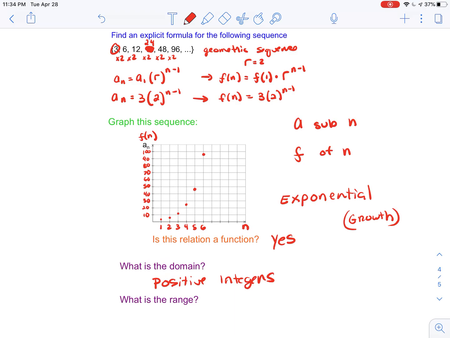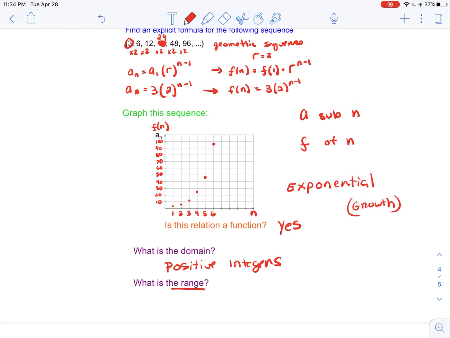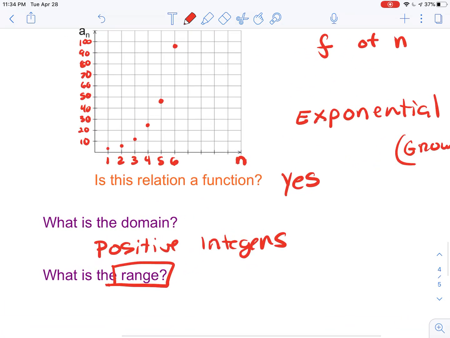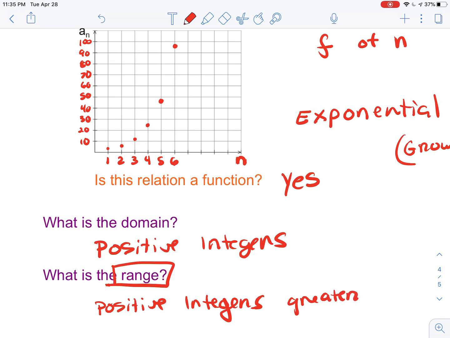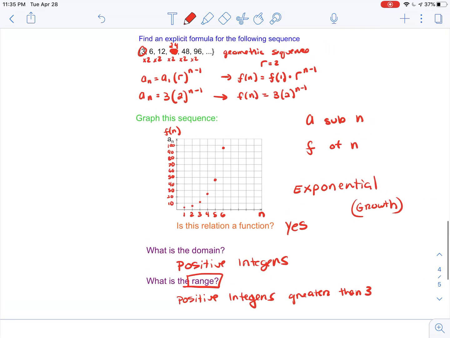Also, if my common ratio is negative, you might also get flip-flopping between positives and negatives. So you don't want to get into the habit of just assuming everything is a positive integer. So for the range, you definitely want to always evaluate the values that you have. But in this case, we do only have positive integers, and they are all greater than my initial term, which is 3.